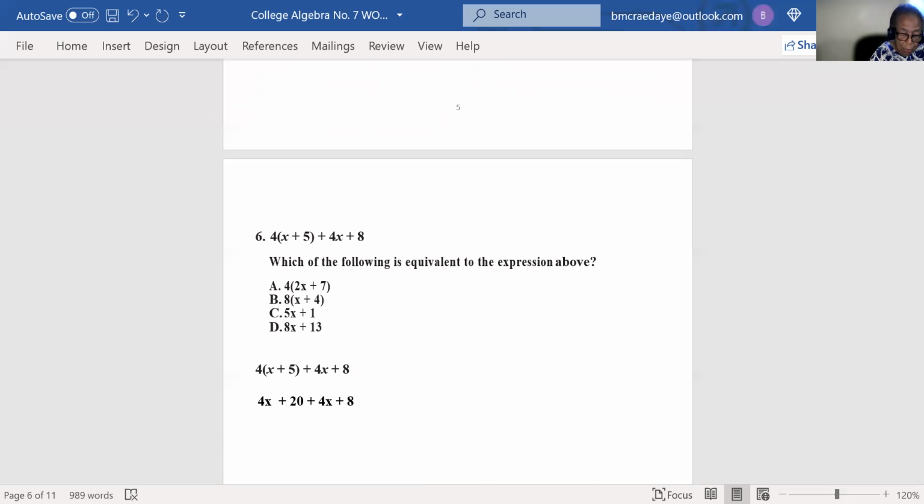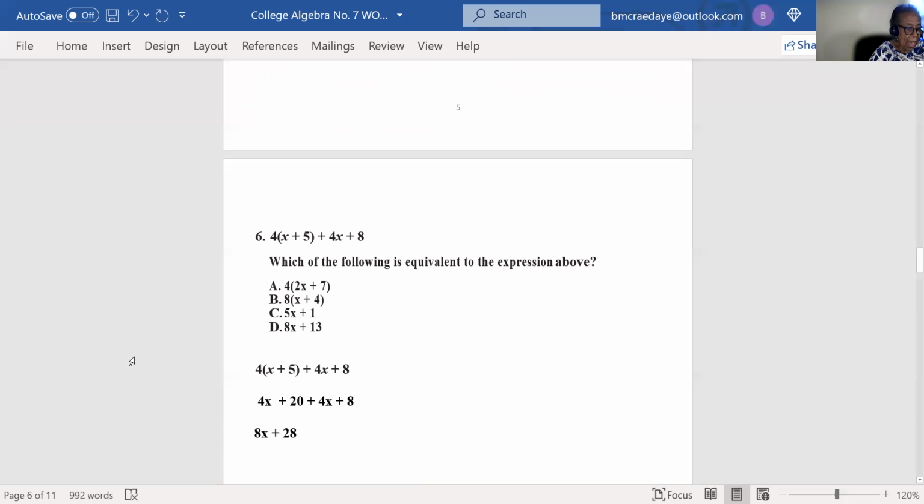So if we add our like terms, 4x plus 4x is 8x. So we can write here 8x, and 20 plus 8 is 28. So that's plus 28.